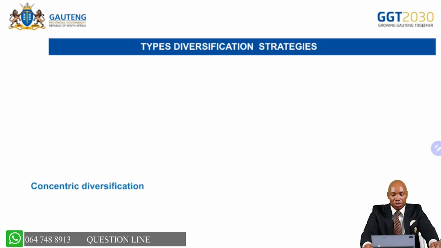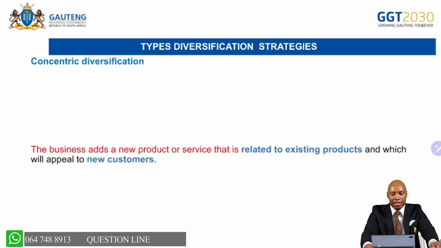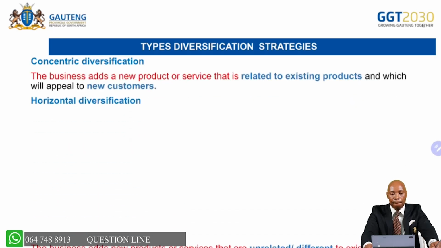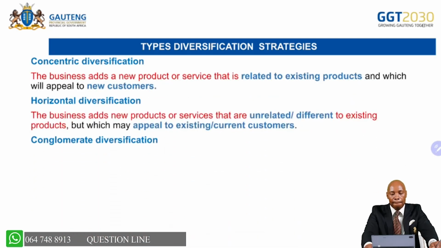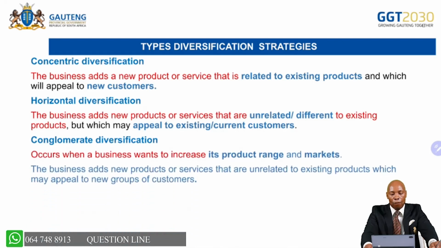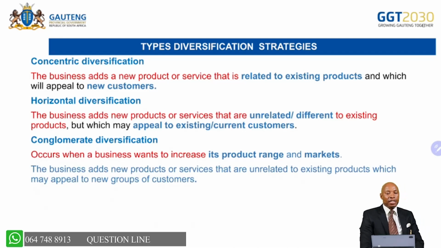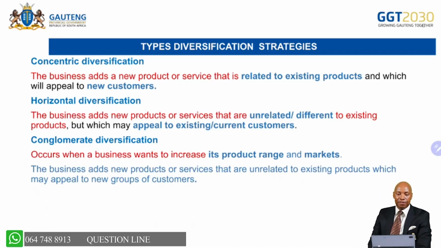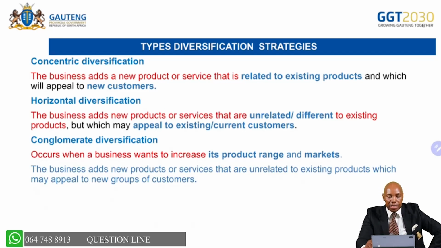Right, now let's get to diversification strategy. What are your three types of diversification strategy? You have your concentric diversification strategy, your horizontal diversification strategy, and then your conglomerate diversification. Now, learners, let's look at these three types.